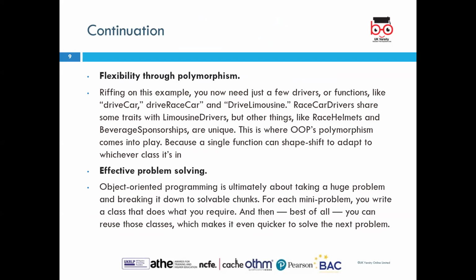For instance, we have a function, we can copy this function and edit the state of it, and it will still give us the same output. And it's important for effective problem solving, which is ultimately about taking a huge problem and breaking it down into solvable chunks.